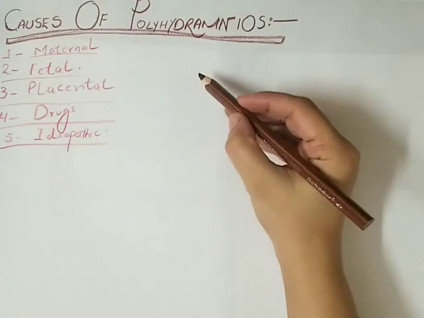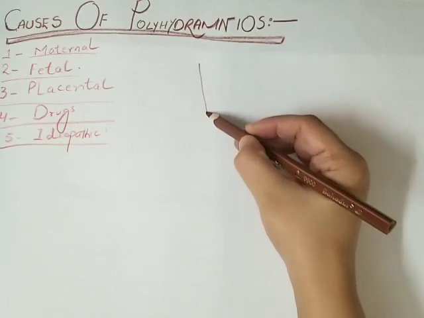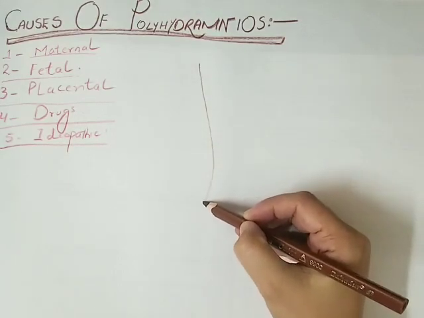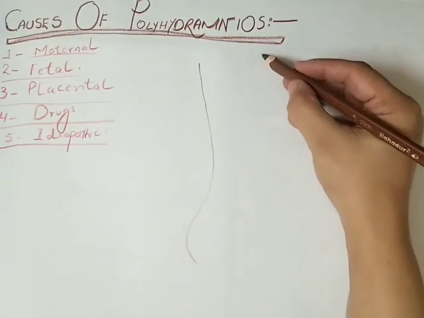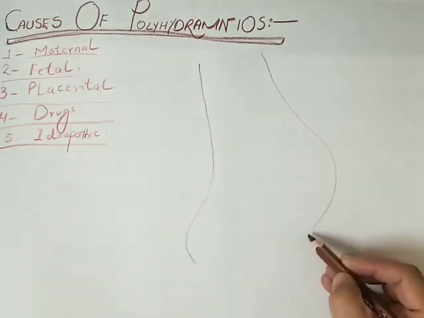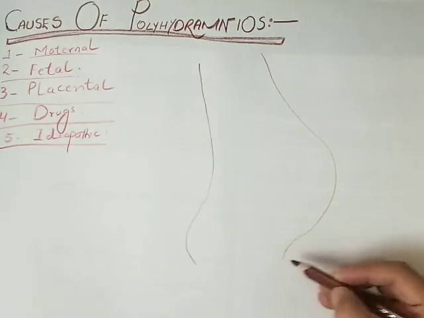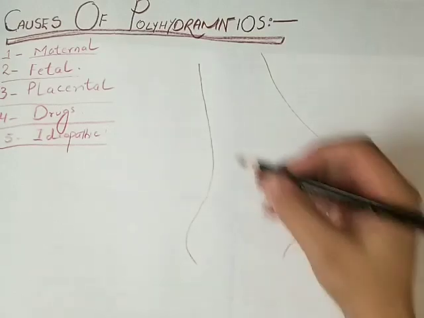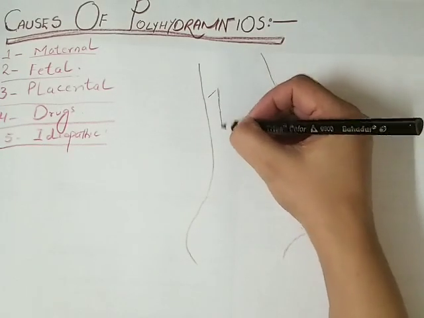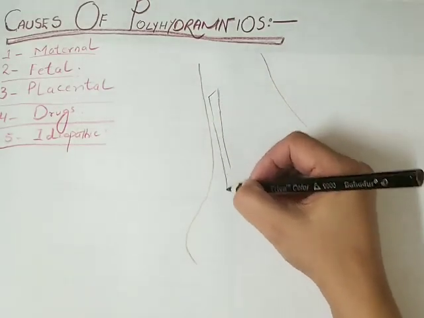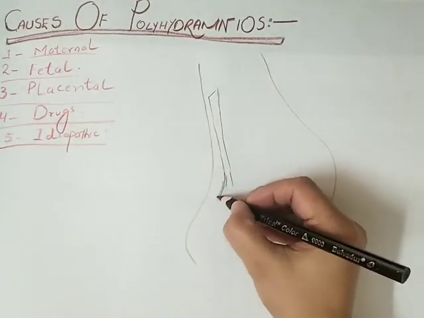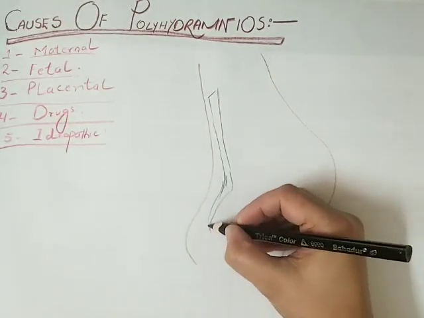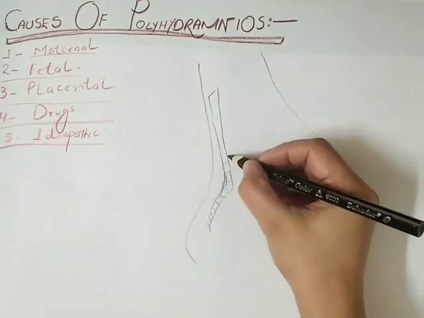So now I'm making some important drawing in order to make you understand the causes of polyhydramnios. This is the maternal abdomen, and that is the spine, the vertebral column on the back, which I'm drawing now.